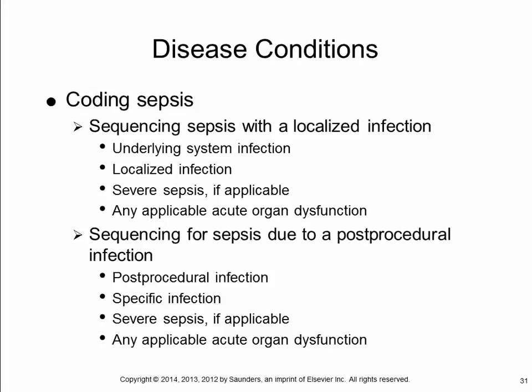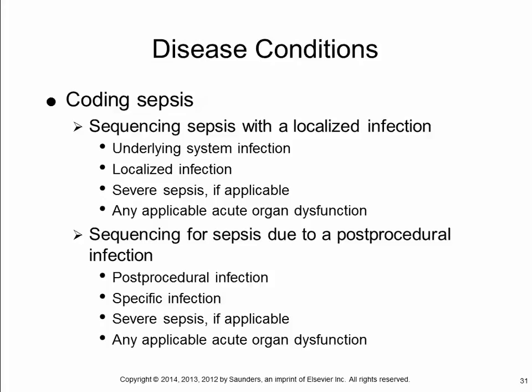So let's say then you're coding for a sepsis due to a post-procedural infection. So patient goes in, has surgery, they come out, they develop, let's say they develop an infection at the incision site, and it becomes septic. So the first thing you're going to code is a post-procedural infection.